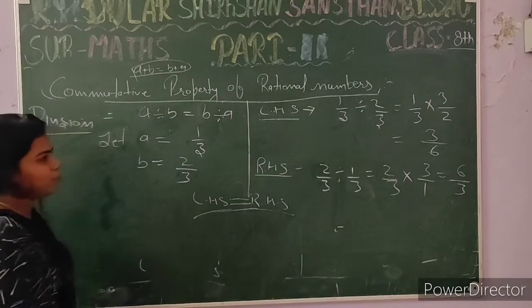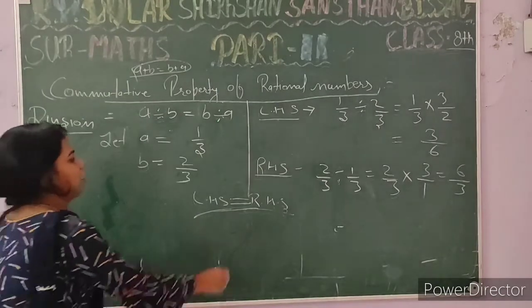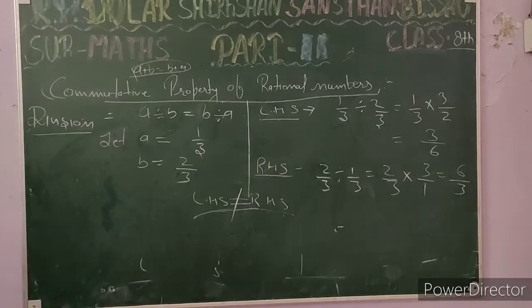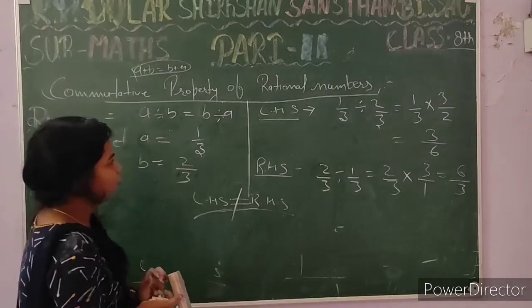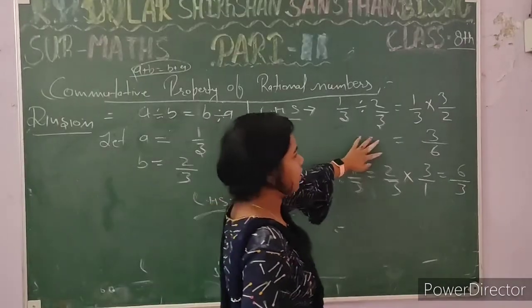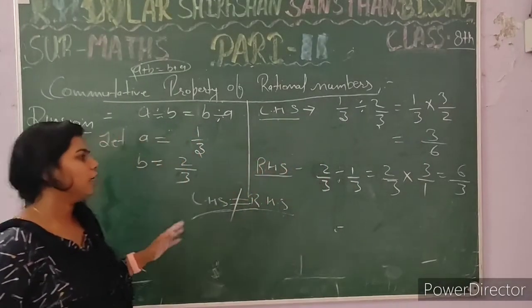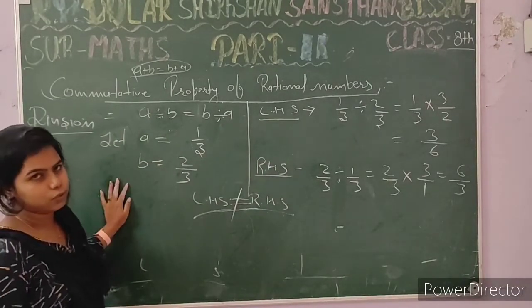The first one is 3 by 6 and the second one is 6 by 3. So our LHS and RHS are not equal, so we can say the commutative property of rational numbers is not satisfied for division.